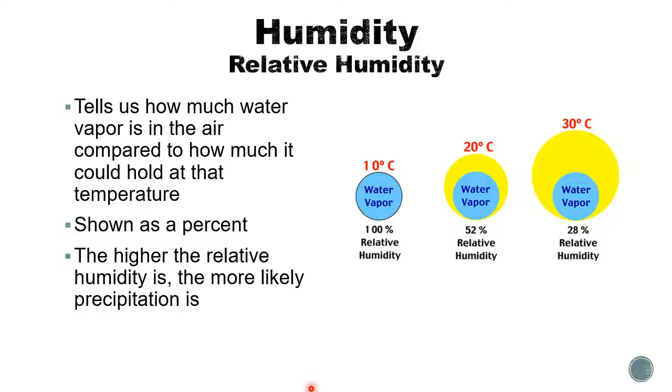This is what we call our dew point. So for this much water vapor, my dew point is 10 degrees Celsius. In other words, this is the temperature that my gas, my water vapor, is going to start turning into either a solid or a liquid, either snow or rain.